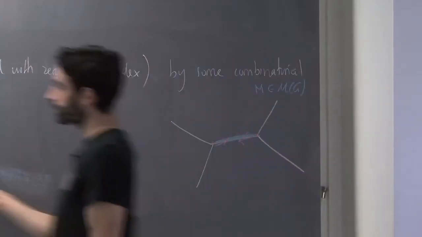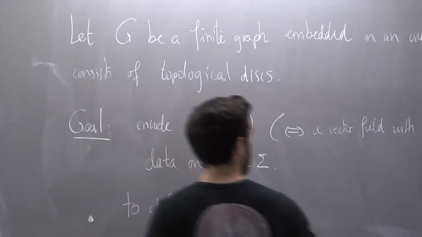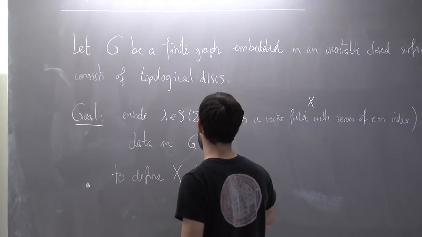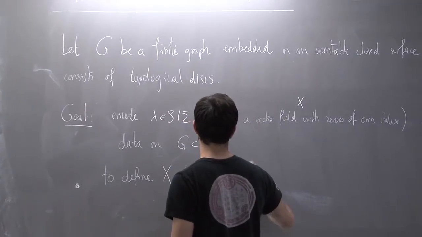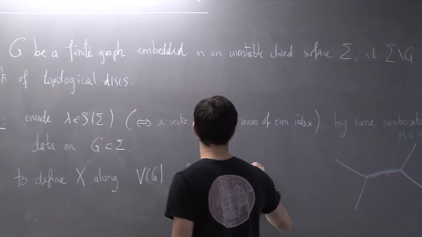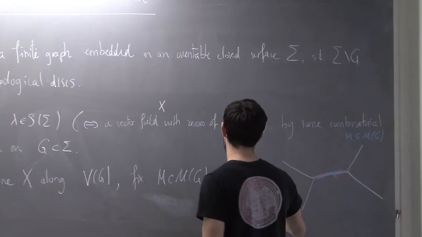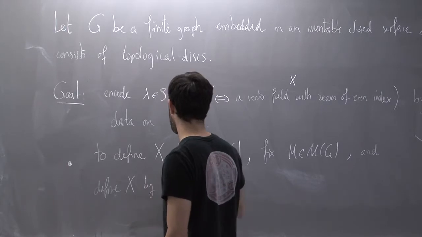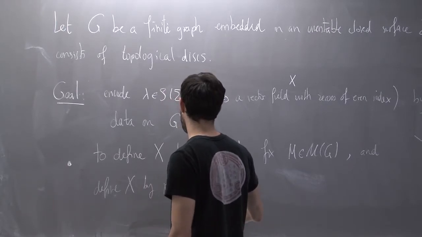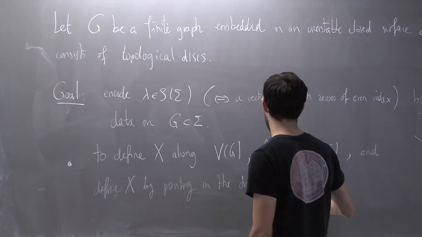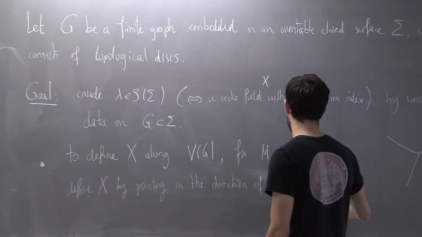So it's a vector field X. To define X along the vertices of the graph, fix a perfect matching M on the graph, and define X by pointing in the direction of the adjacent dimer.